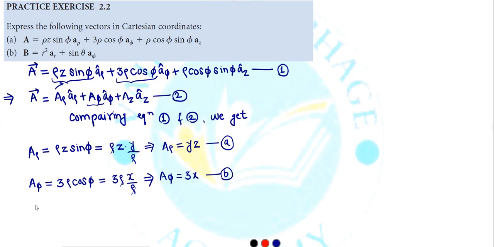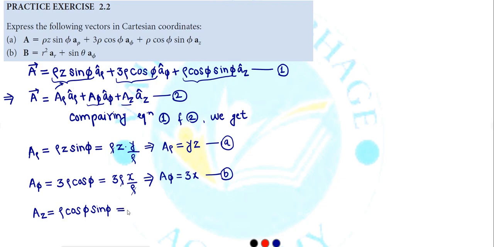Again for A z, A z will be as it is because we don't have any change there. From this we have the value of A z equal to rho cos phi sin phi.